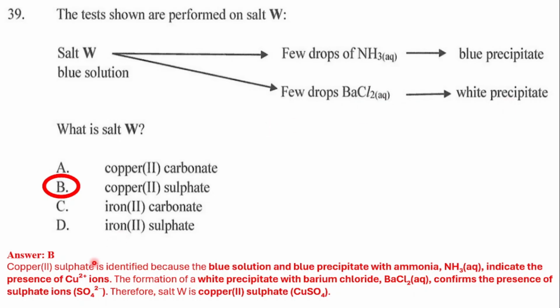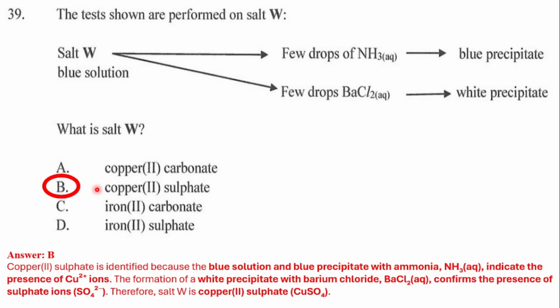So copper(II) sulfate is identified because the blue solution and blue precipitate with ammonia, NH3, indicate the presence of Cu2+ ions, or copper(II) ions, right? So we have copper(II) ions.